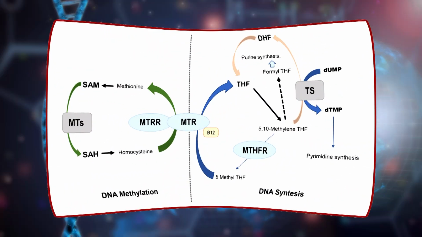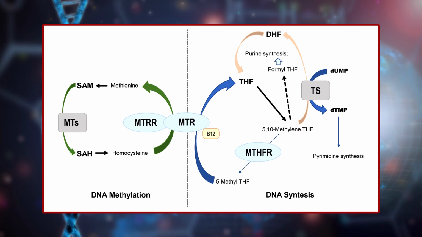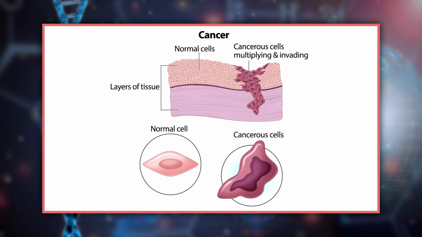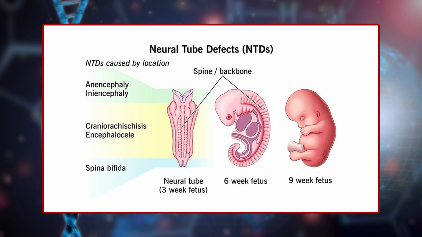SNPs are usually selectively neutral, but they often make an individual predisposed to certain diseases. For example, SNPs in MTHFR, that is methylene tetrahydrofolate reductase enzyme, predispose an individual to cardiovascular diseases, cancer, and neural tube defects. SNPs also confer a selective advantage to individuals harboring them.